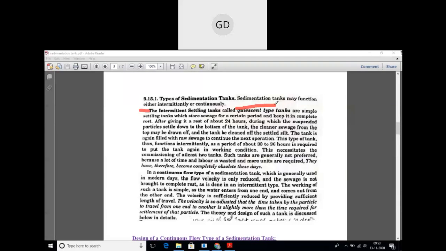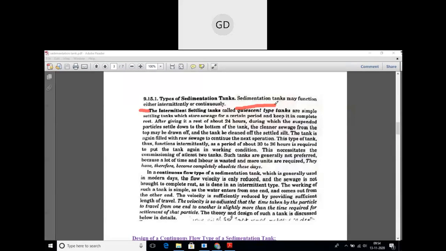After giving it a rest of about 24 hours, during which the suspended particles settle down to the bottom of the tank, the cleaner sewage from the top may be drawn off and the tank can be cleaned.